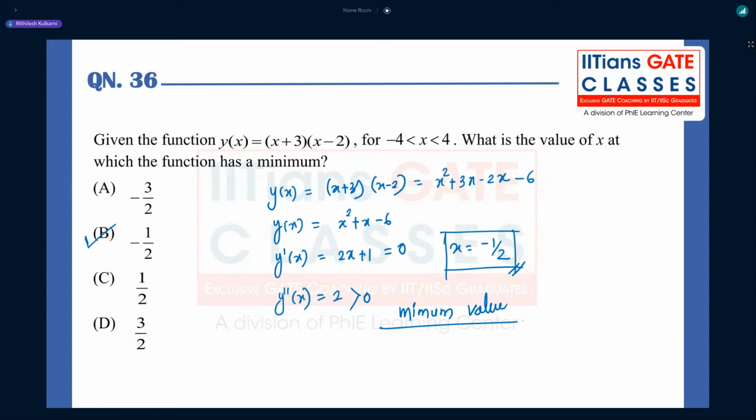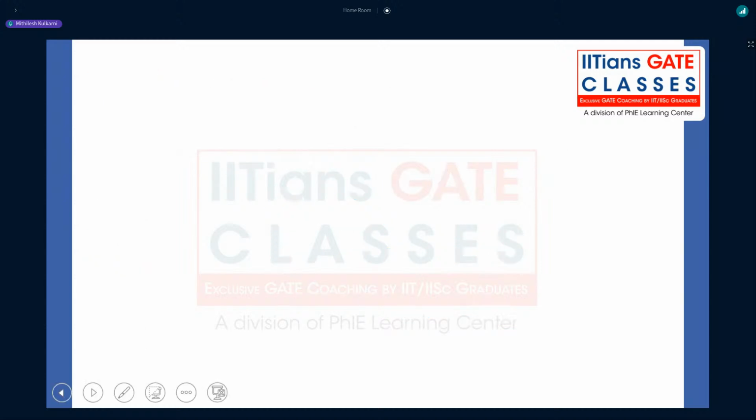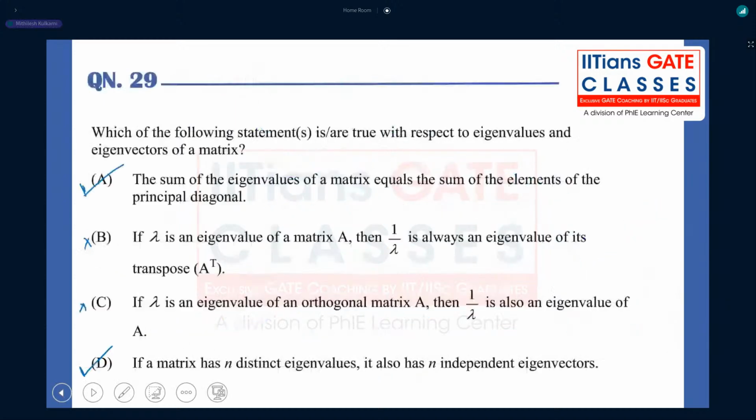So coming towards question number 29. So what is the doubt here? Take an identity matrix as an example. Abhishek, these statements are in general.